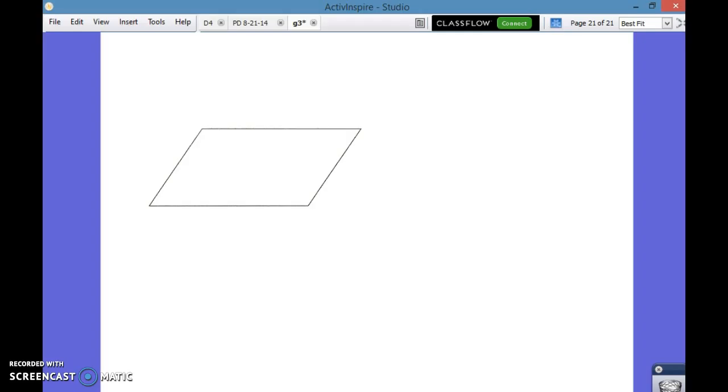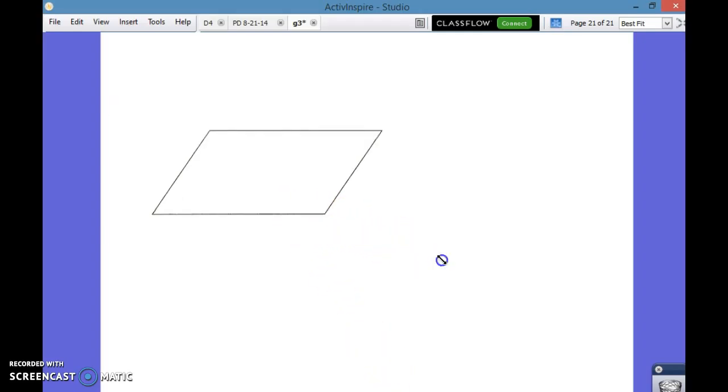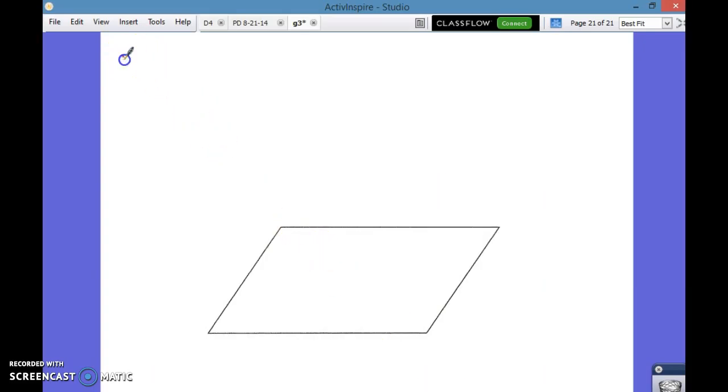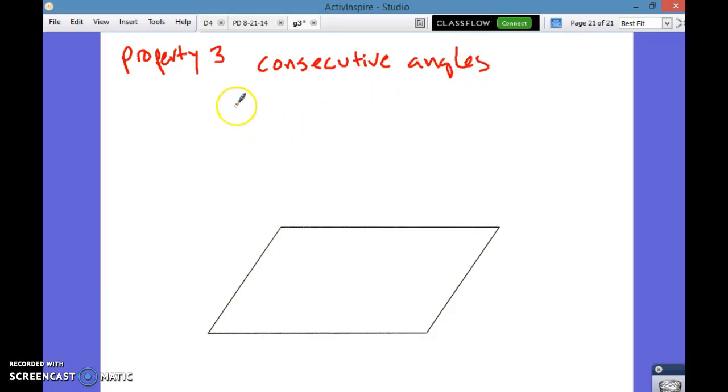Property number 3 is more of a corollary to our second property. Property 3 says consecutive angles in a parallelogram are supplementary.